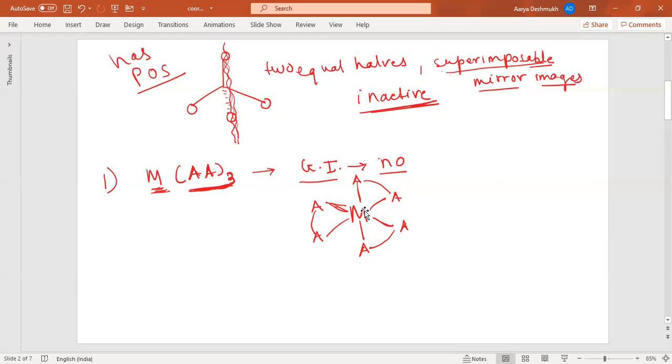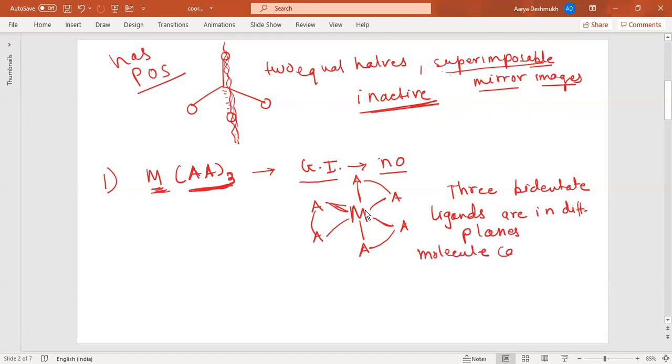Now these three bidentate ligands lie in different planes, and that is why this molecule cannot be cut into two equal halves.